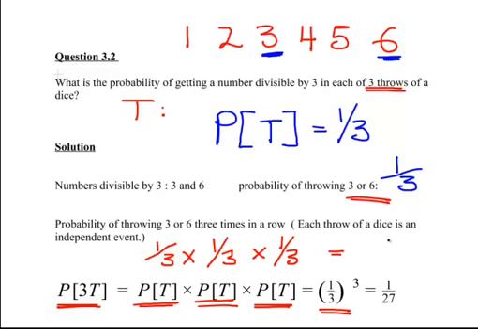But anyway, the answer is 1/27, and you can convert that to a decimal if you want, but I'm happy enough to leave it at 1/27. Okay, so anyway, the key thing about this was that they were independent events. So we'll leave it there.